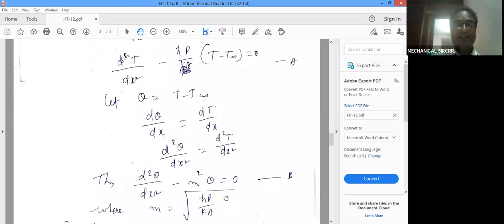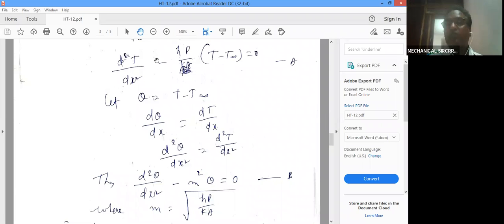Let us assume m is equal to the square root of hp by ka. Then hp by ka is equal to m square, into T minus T free stream.